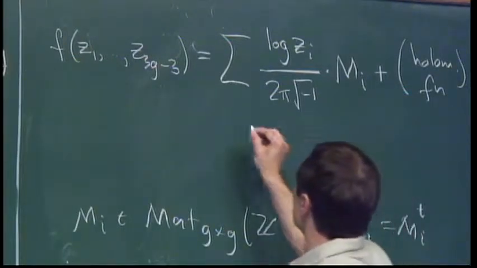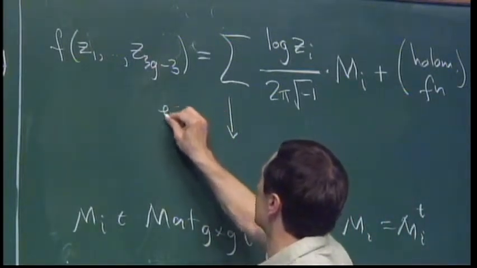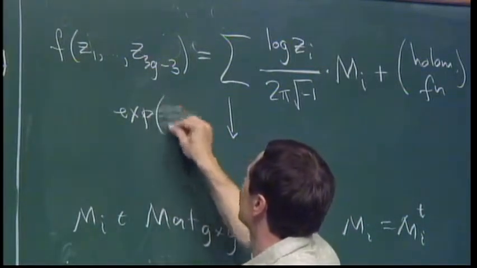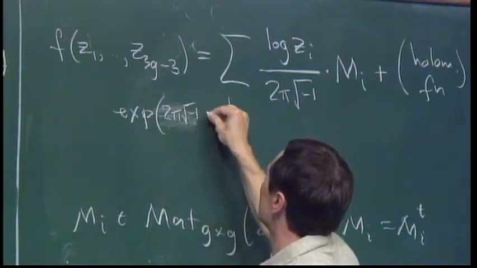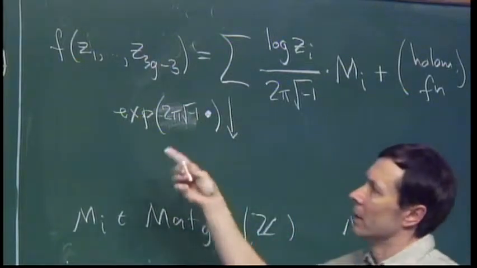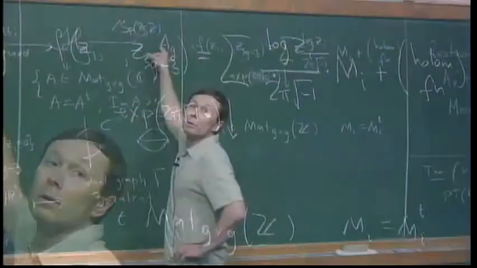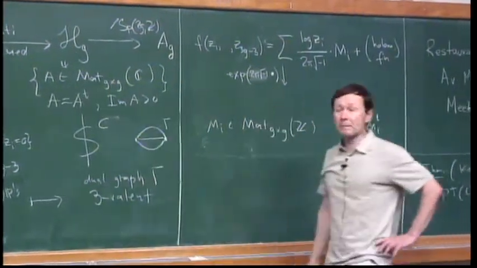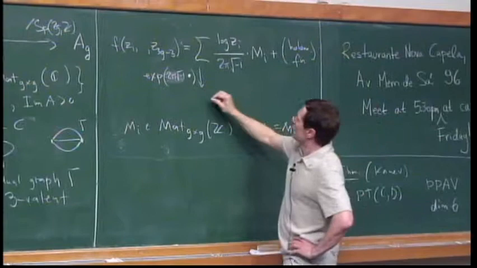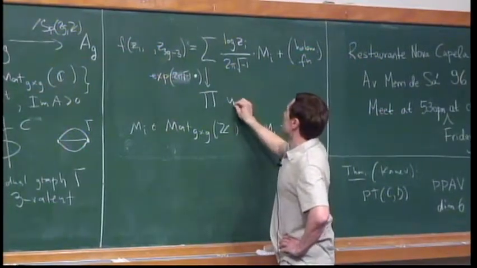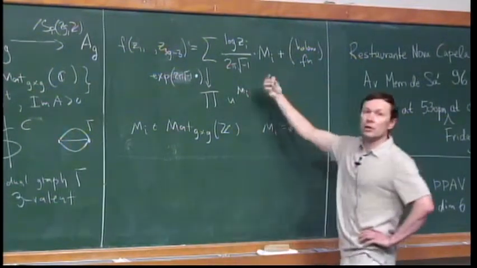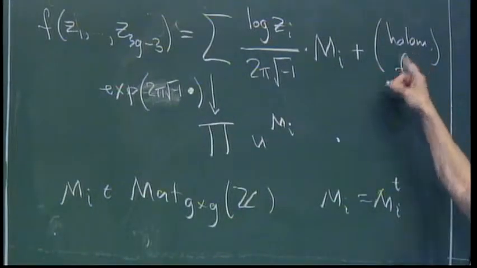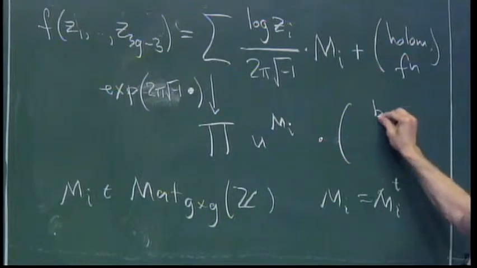So further you can apply the exponential map, exp of 2 pi square root of minus 1 times this, and that will be locally a model for this map near the boundary. And so this will go to some products of monomials like this, z_i to the M_i, times something bounded holomorphic.